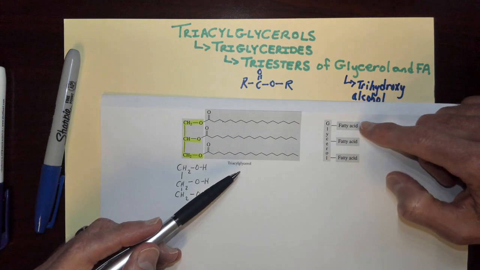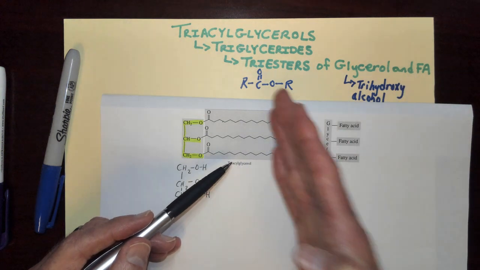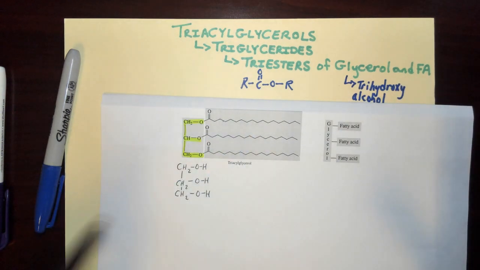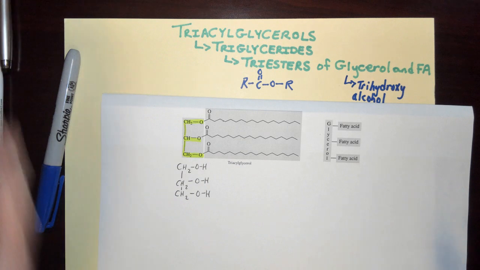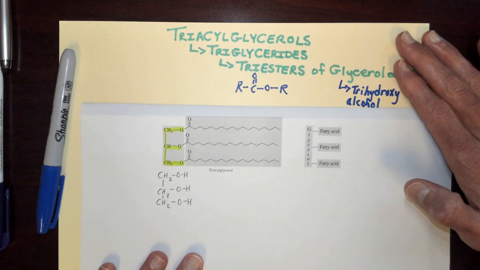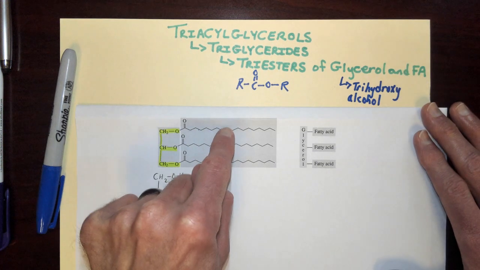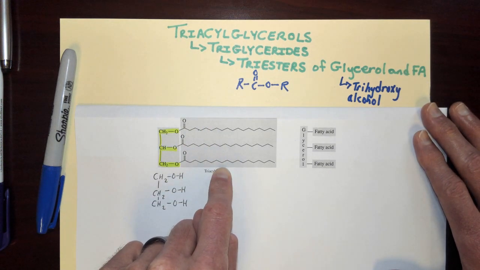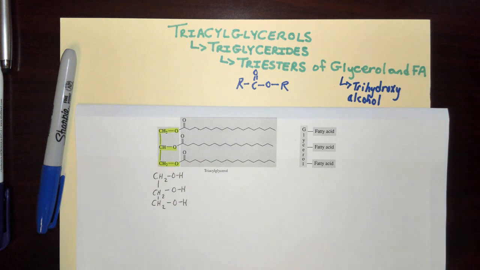These 3 fatty acids that hook on, they do not have to be identical. We will get different properties, different outcomes based on that identity, those 3 fatty acid chains.